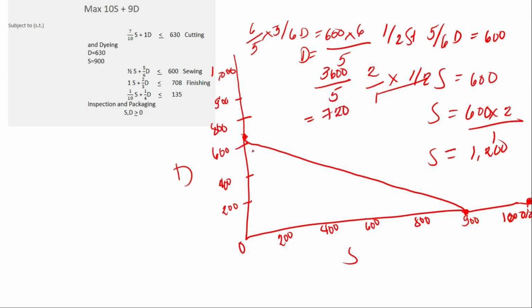So the value now for the deluxe bag is 720. So our 720 is here. And then, let's connect it to 1,200. So it becomes like that.